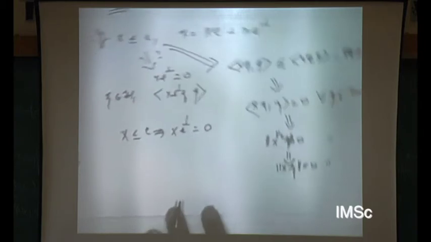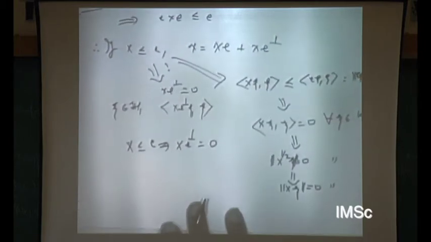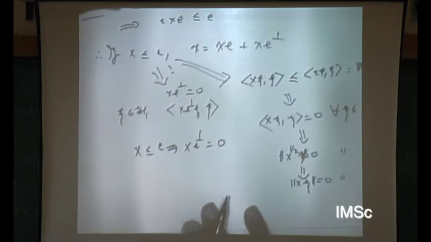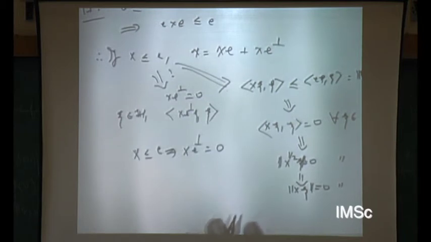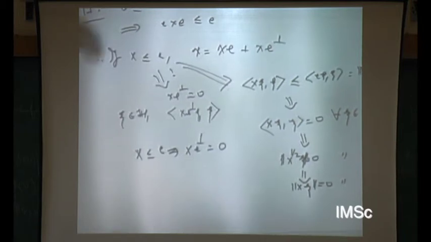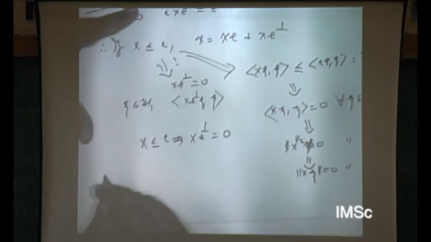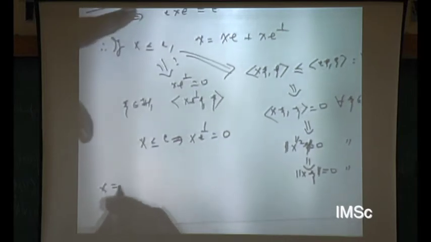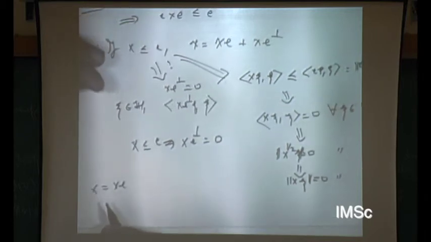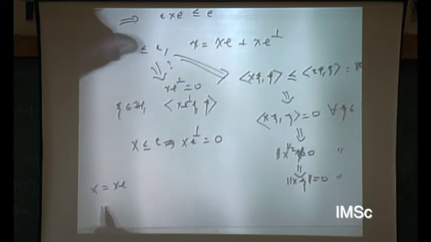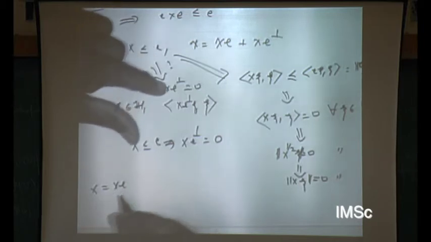Conversely, if x equals xE, what do I want to say? x equals xE implies x is less than or equal to E, I want to say. Right?